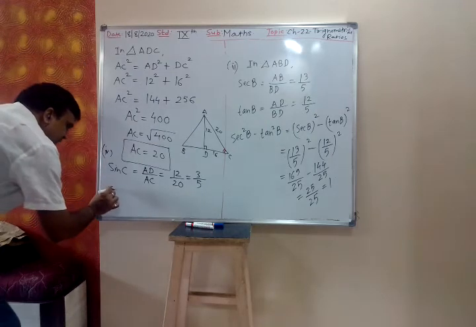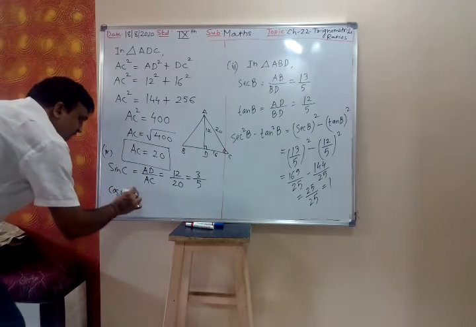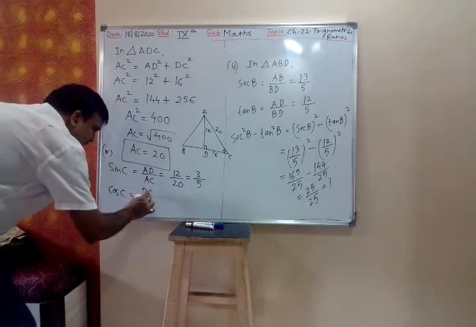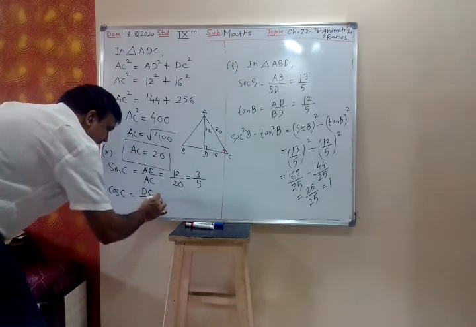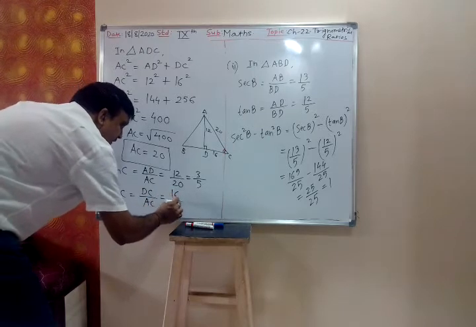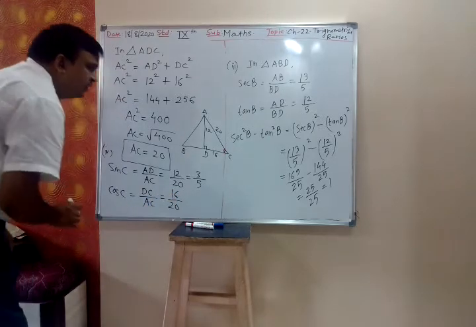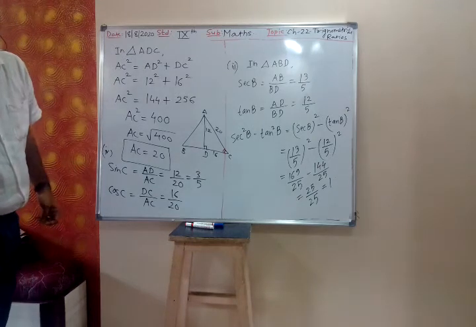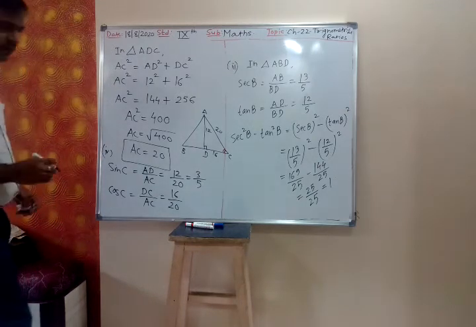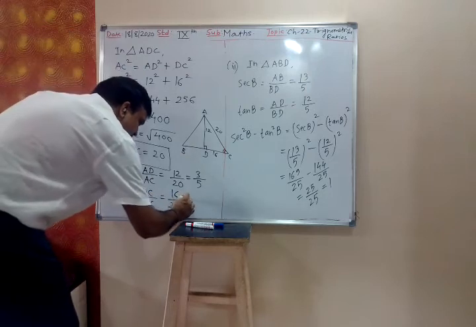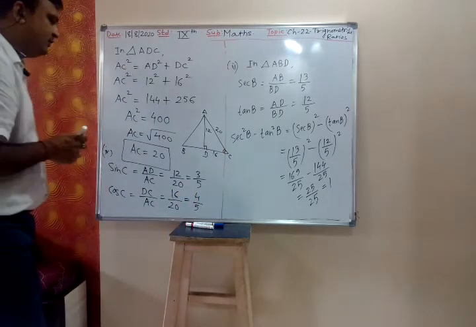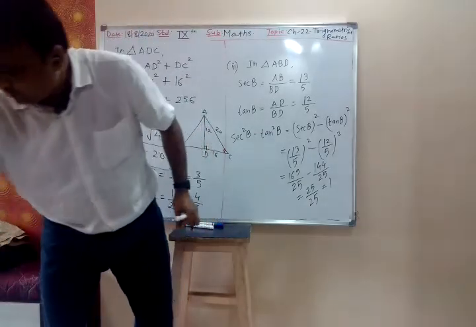Similarly, we find cos C. Cos C is adjacent upon hypotenuse, so DC upon AC, that is 16 upon 20, that is 4 by 5.